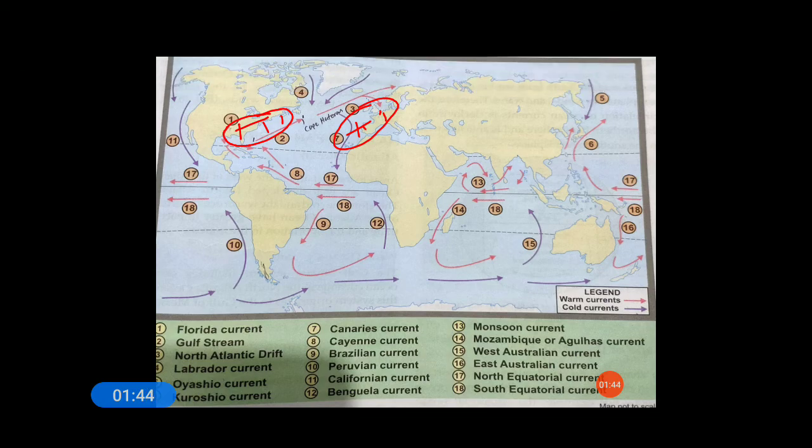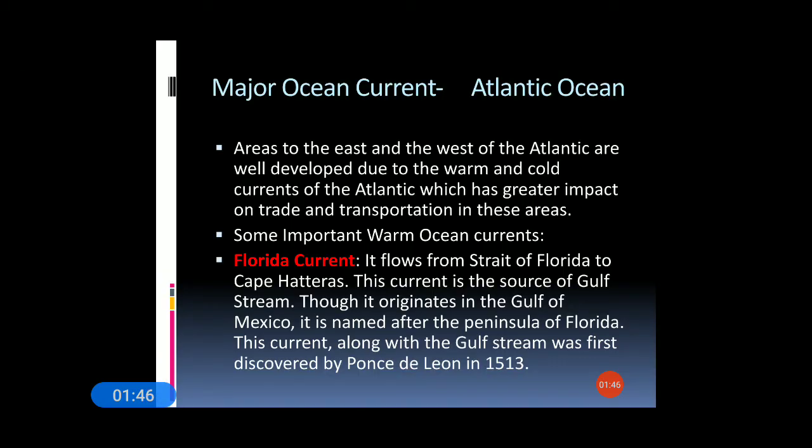Now coming to next, we'll be discussing first the warm ocean currents of the Atlantic Ocean. So which are the warm ocean currents of the Atlantic Ocean? Starting with the first one, that is the Florida current. Okay, now Florida current, this is important.